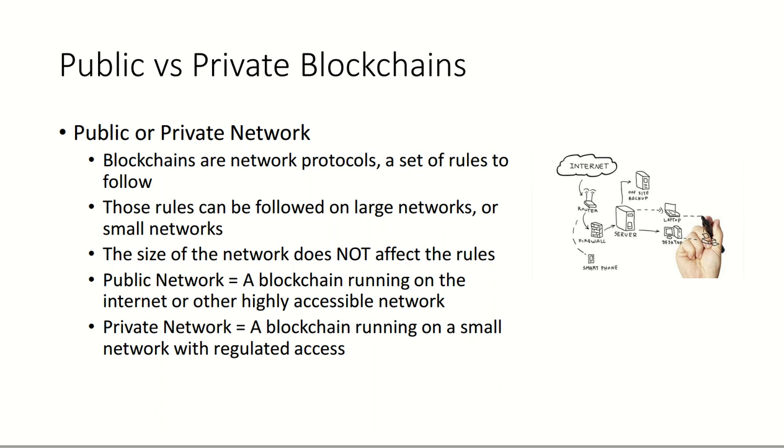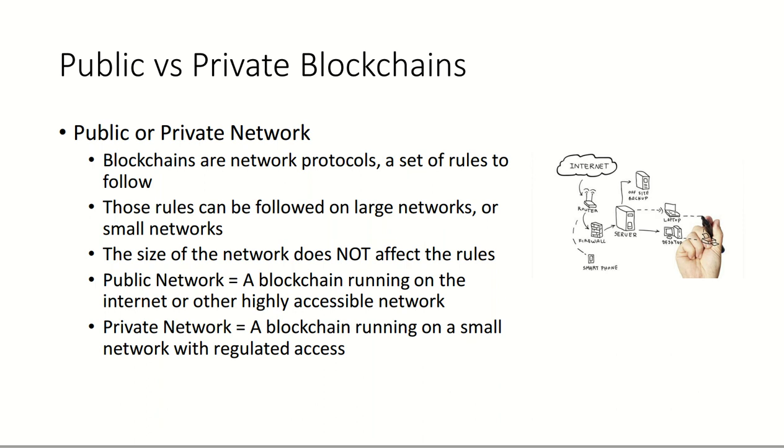Networks that are gated and protected, and only small numbers of participants can access them. Well, we can run a blockchain on any network, regardless of the size. If you wanted to run an instance of Bitcoin on your corporate network behind your firewall, you absolutely could, because it's just a protocol. It's just a set of rules, and those rules do not change if the size of the network changes.